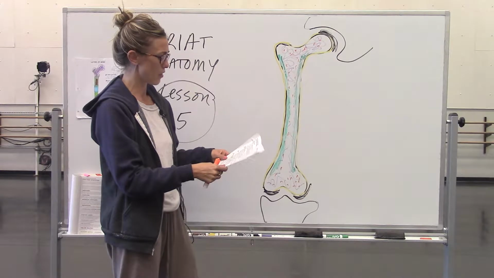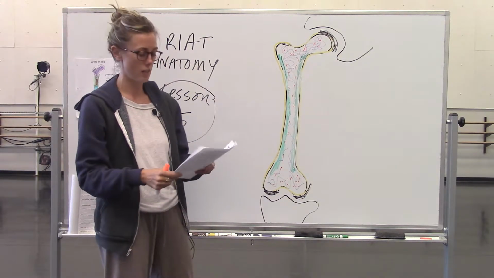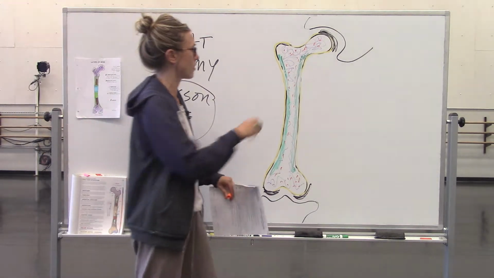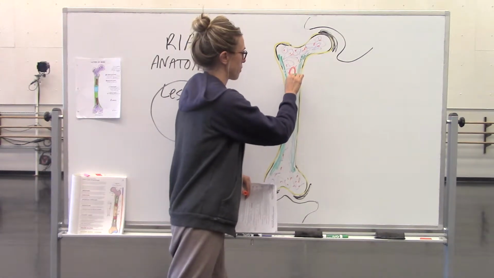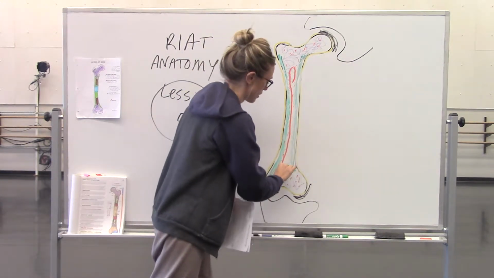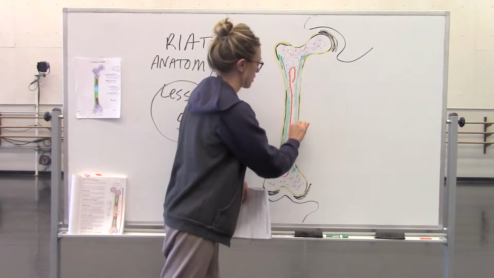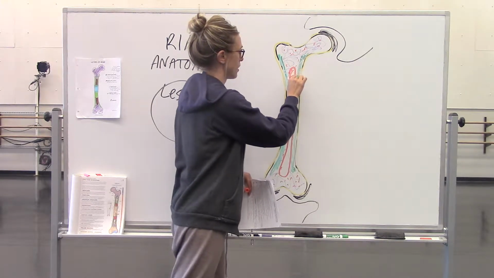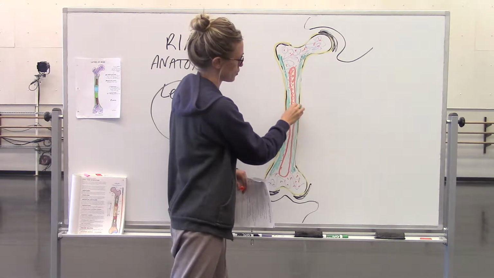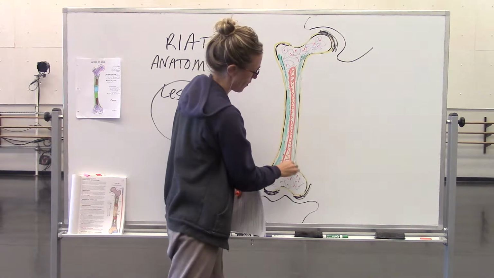And then the innermost cavity is called the medullary cavity, and if you imagine a cavity like this, it is filled with bone marrow.